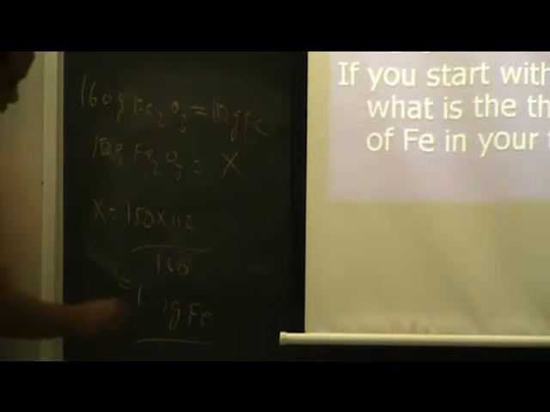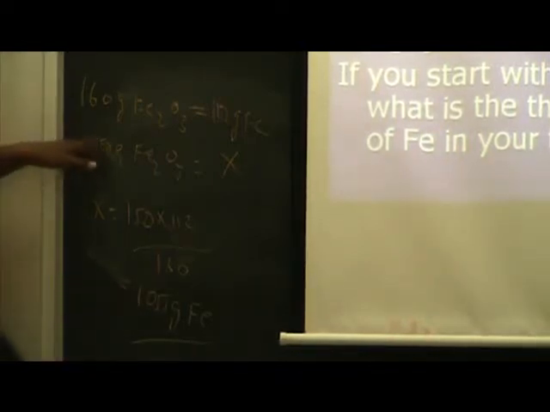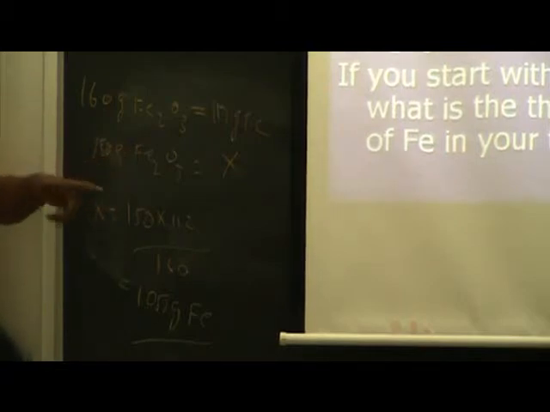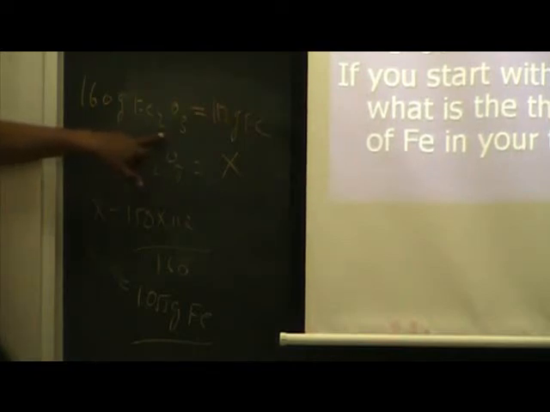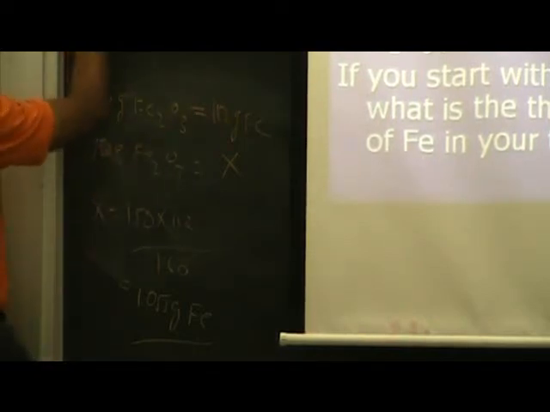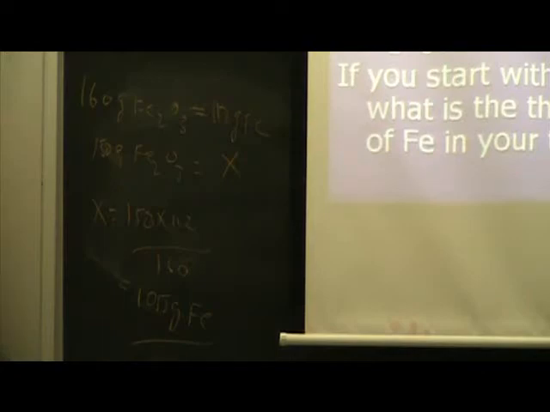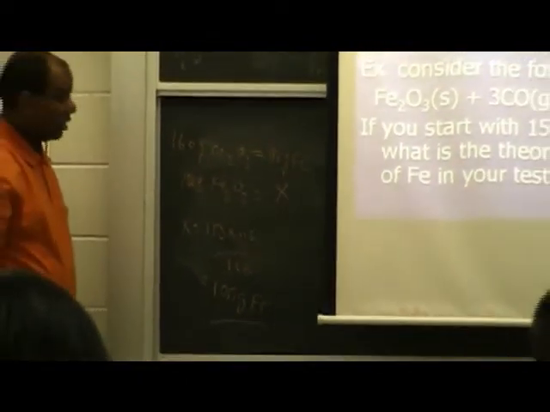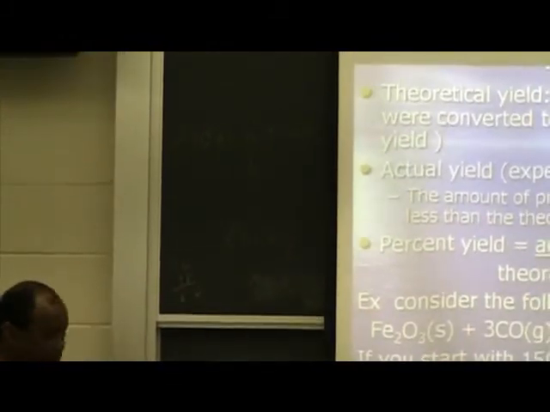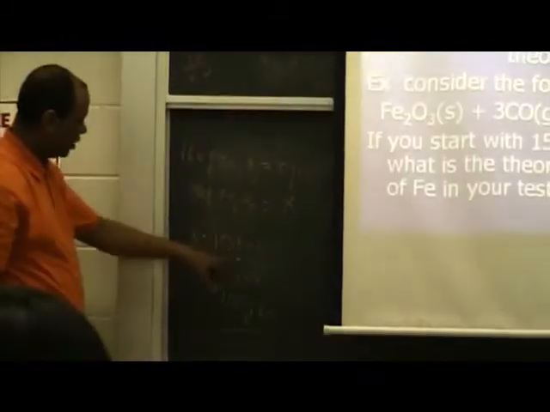Let me check. 1 mole of iron 3 oxide gives 2 times 56, which is 112. The molar mass is 112 plus 48, which is 160. Okay, 160 grams gives you 112. So 150 gives you X. So the amount of X is 105 grams of iron.